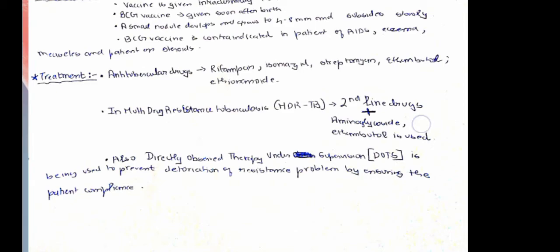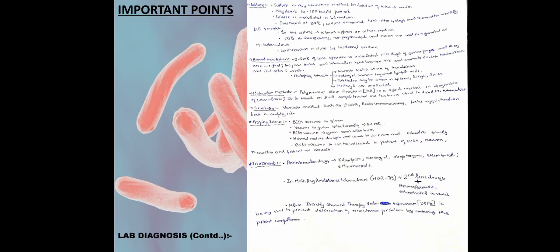So this is one of the important essay questions, and coming to the main points of this part. The lab diagnosis continues: the culture is done in the Lowenstein-Jensen medium, and the animal inoculation is in guinea pigs.